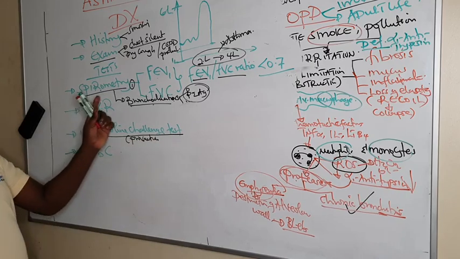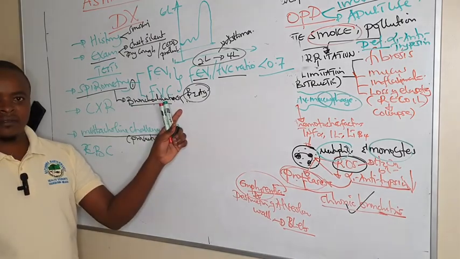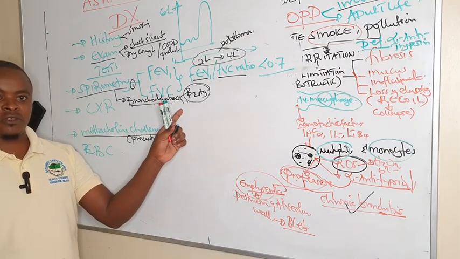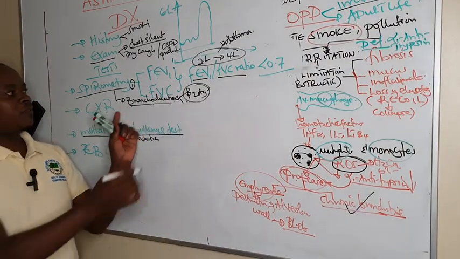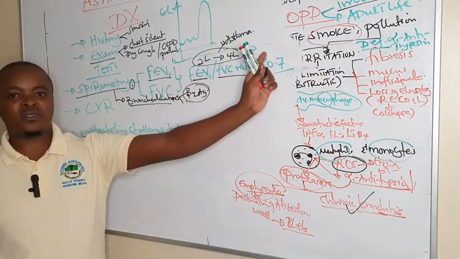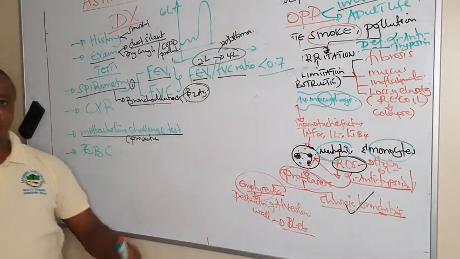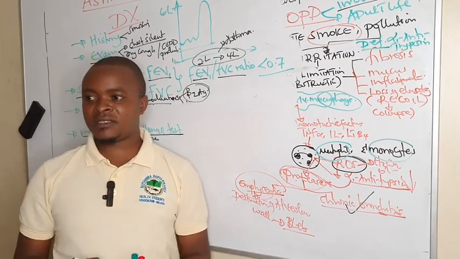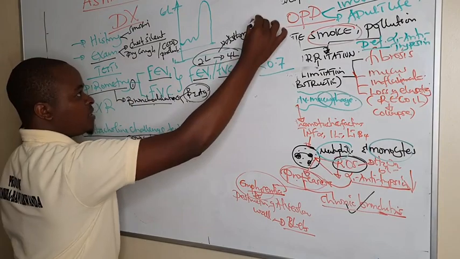So if you do spirometry and give a bronchodilator, whether aerosol, spray or inhaler, you had noted the first figure before, then after you do it, you find there is a response to the bronchodilator, because we said asthma is hyperresponsiveness. You see it is positive, and that confirms asthma.